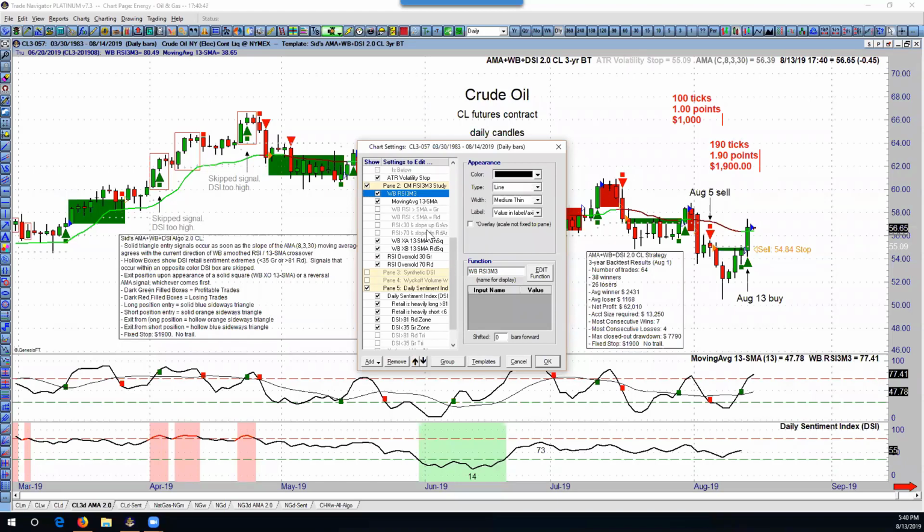but it smooths it considerably. And Walter Bressert originally called that the RSI 3M3. And then he suggested having a moving average of that indicator and looking for crossovers to create signals, and that's what I've done.